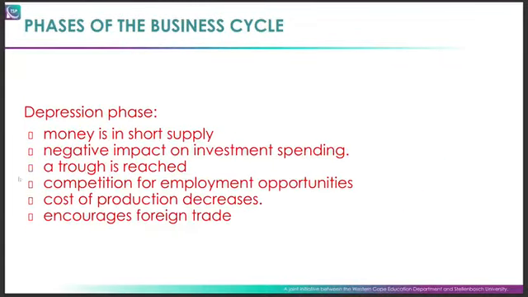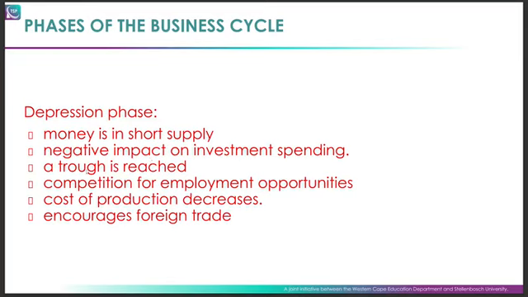So what happens during a depression phase? We find that money is in short supply, and this causes a negative impact on investment spending. I'm talking about investment spending from both the government as well as businesses. And then eventually a trough will be reached.